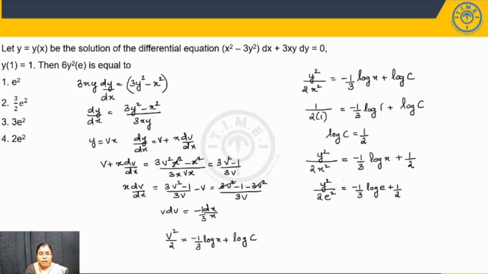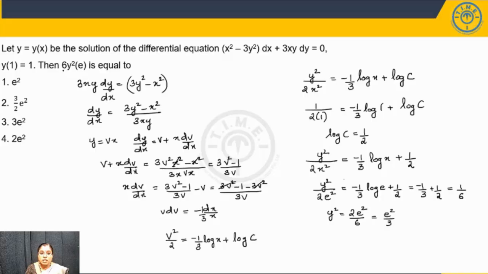Now what is log e? Log e is 1. So we have minus 1 by 3 plus 1 by 2. So we get minus 2 plus 3, that is 1 by 6. So y square is 2e square by 6, or we can write e square by 3. Now what do we have to find out?